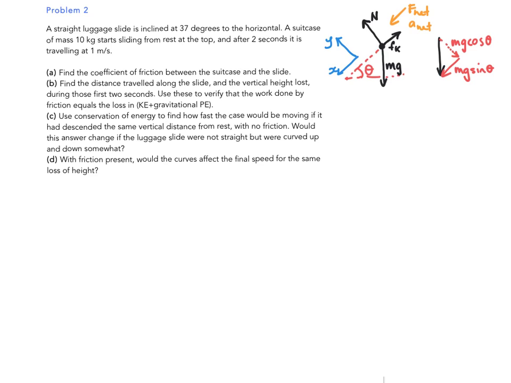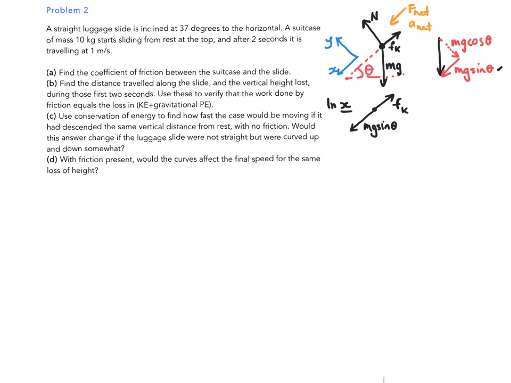Then what I'd like to do is draw those force diagrams in just the x and y directions. So in x, let's just draw the x one. Well, we're going to have mg sine theta going down like this. That's this guy. So mg sine theta. And you're going to have Fk acting backwards.